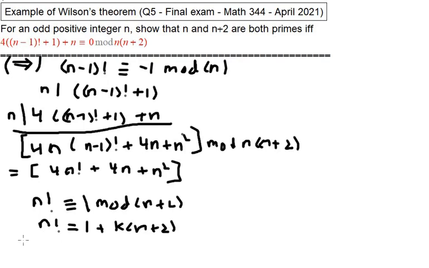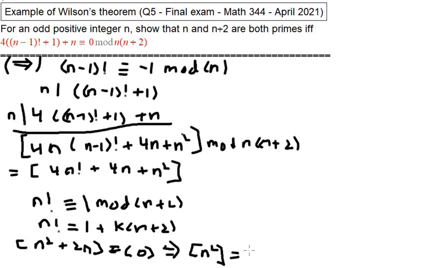Now, in this universe, you have n squared plus 2n is equivalent to 0, which is the same as saying that n squared is equal to minus 2n.